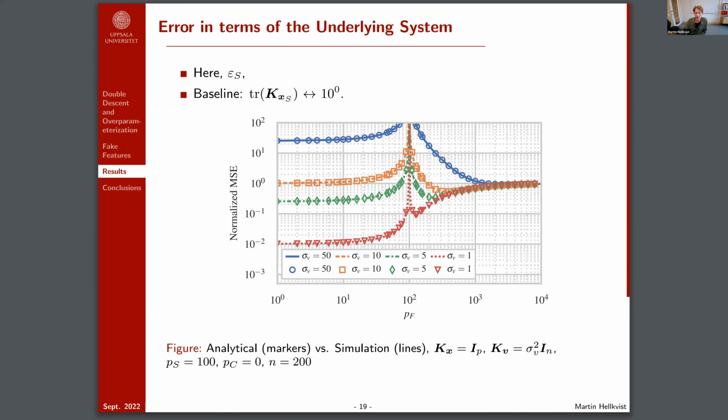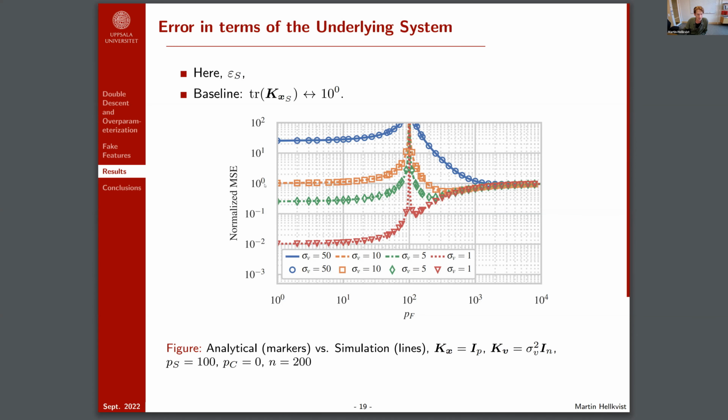So in this figure, we plot the error of epsilon S, which is with respect to these included underlying features, XS. And as we discussed, this error curve corresponds to what we're learning about the underlying system dynamic. And it is in fact a component of the output MSE. So on the y-axis, we have, again, the normalized error, which is now the trace of KXS.